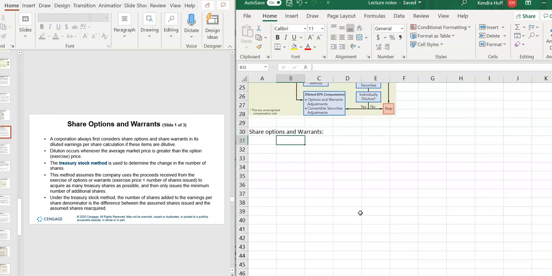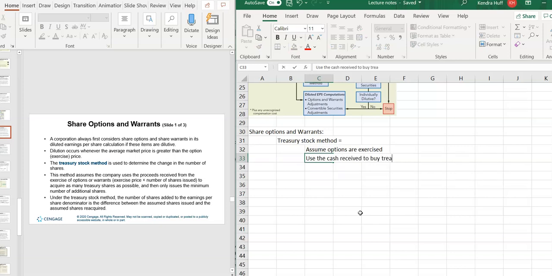In this case, we're going to use what's called the Treasury stock method. So what that means is you assume options are exercised. You use the cash received to buy back Treasury stock. Remember, all of this is just on paper. It's not actually happening.